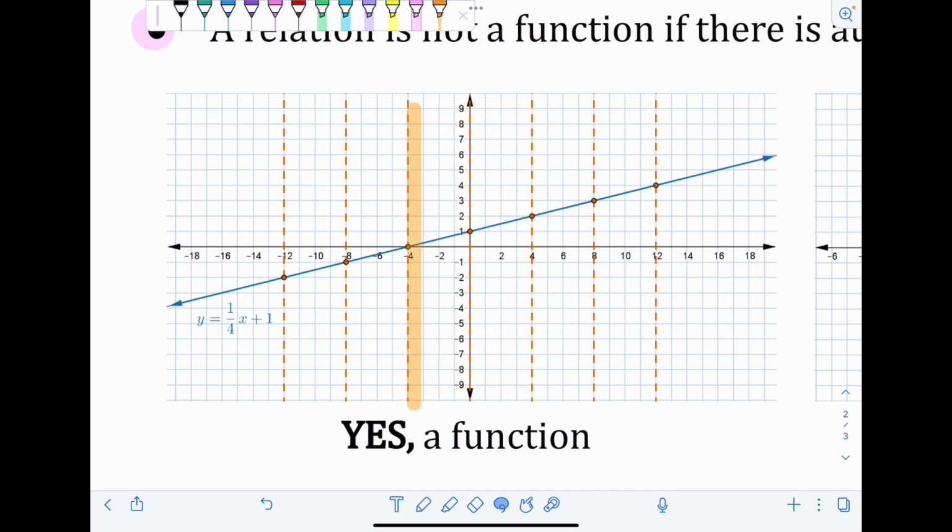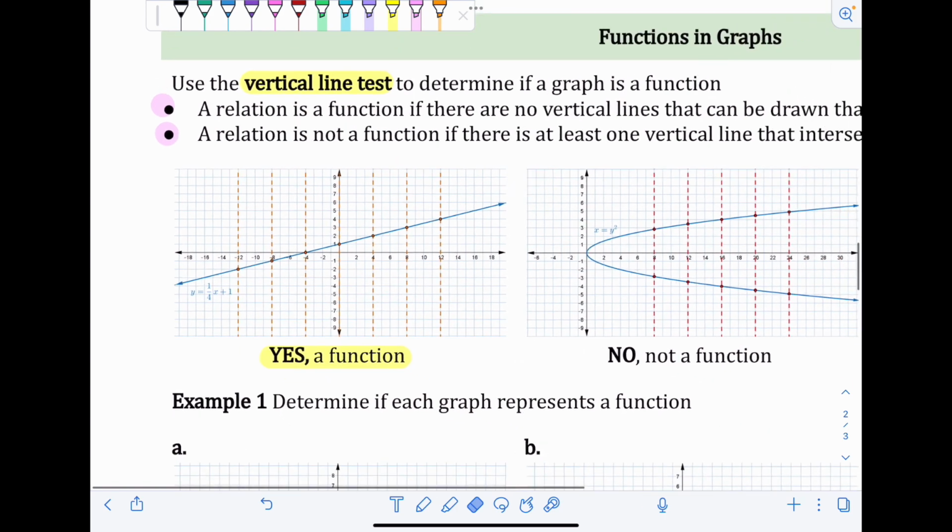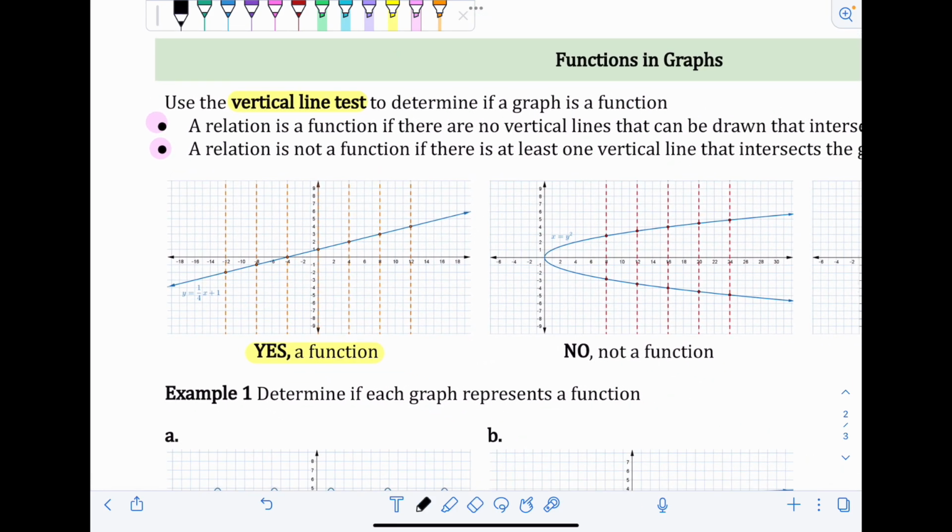So if I can do that anywhere along the graph and it only intersects at one point, that means that yes, it's a function. So it passes the vertical line test. And I'm going to leave a little note. You may see me shorten vertical line test as VLT, so if you see that, that's what it means.